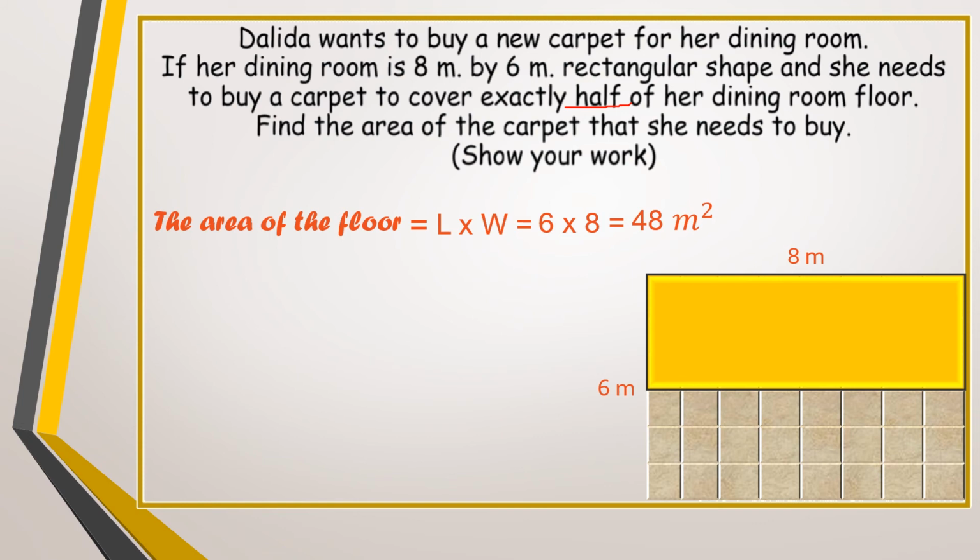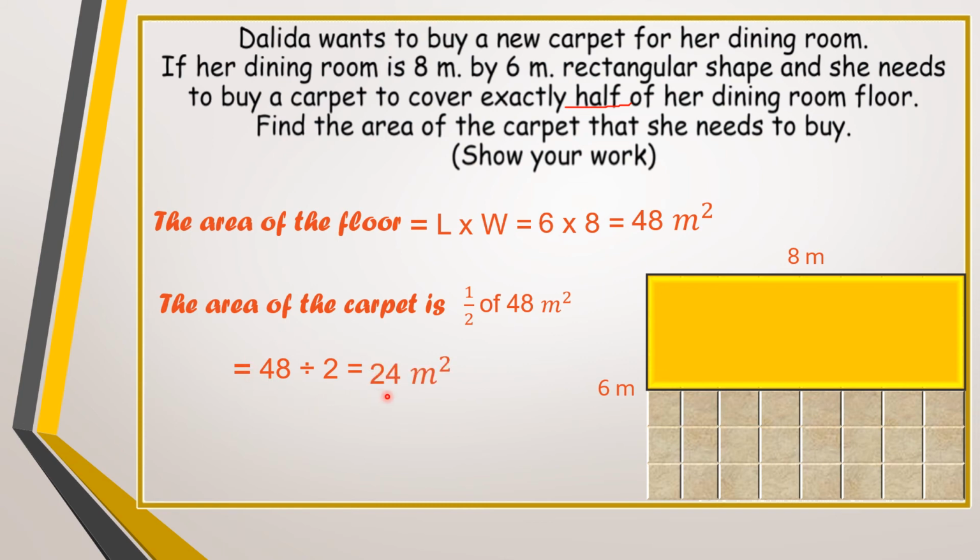In the floor, it's covering the half only of it, so it equals half of the area. So the area of the carpet equals half of the area of the room, so it equals half of 48. So it means I will divide 48 over 2. 48 divided by 2 equals 24 meters square. So the area of the carpet is 24 meters square.